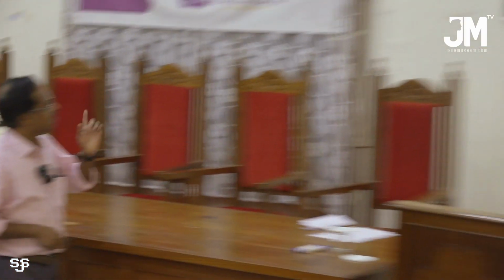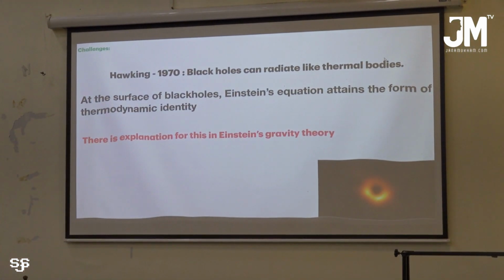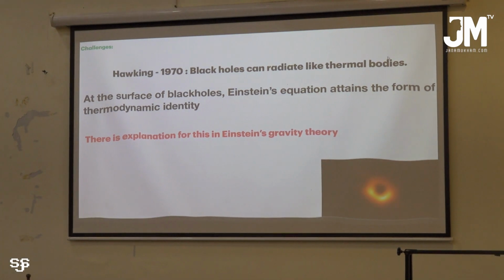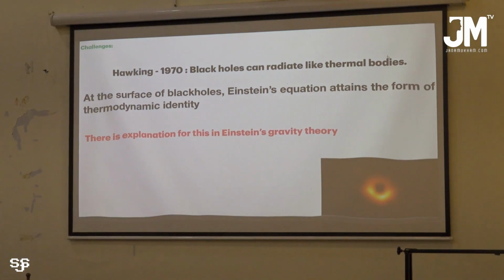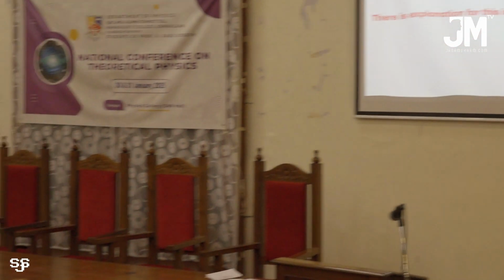Second thing, the celebrated discovery of Hawking, 1970, right? The discovery is that black holes will radiate. It is a very profound discovery. Why is it profound? Because we know that black holes are something which doesn't emit anything, right? If something is going into the black hole, it will be lost forever.